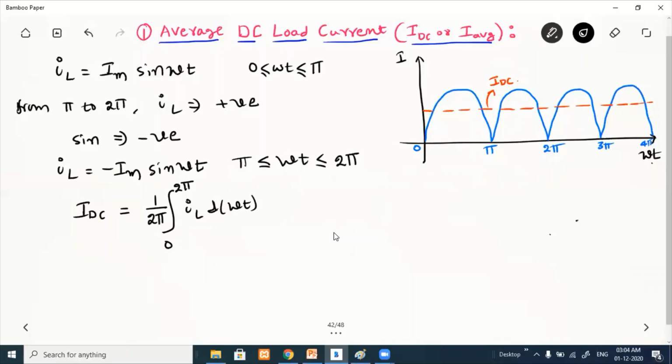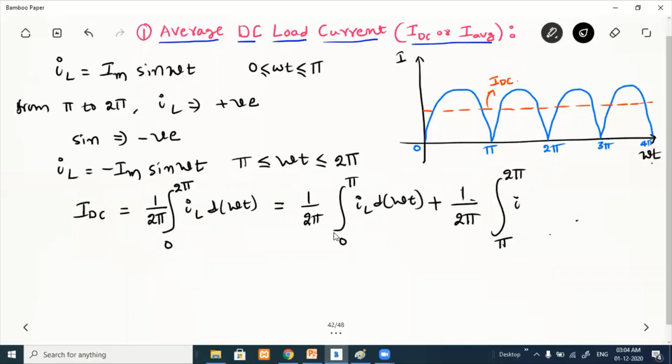And very clearly, we can write this expression as 1 by 2 pi integral 0 to pi IL d omega t plus 1 by 2 pi integral pi to 2 pi IL d omega t, and substitute IL.